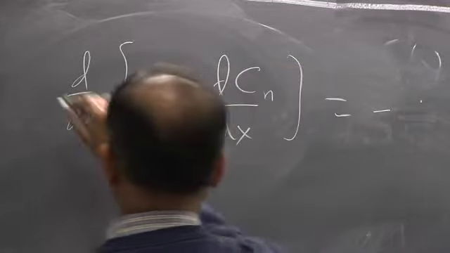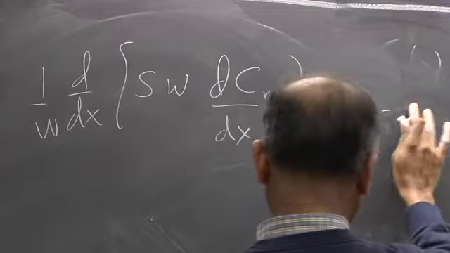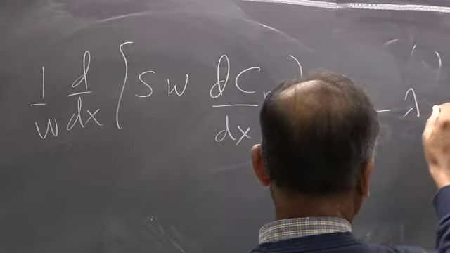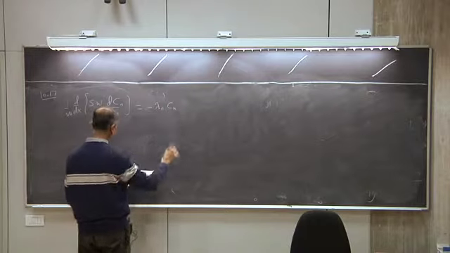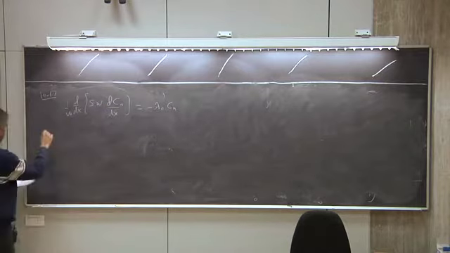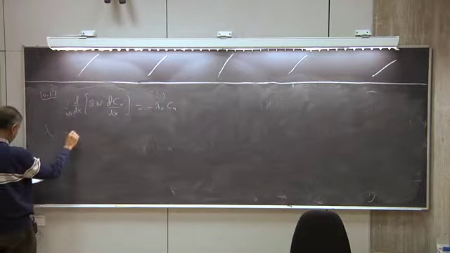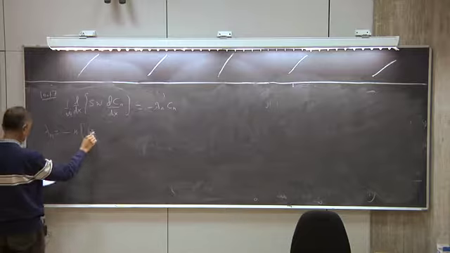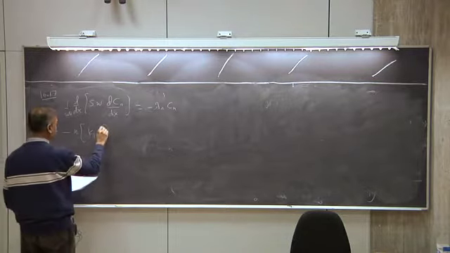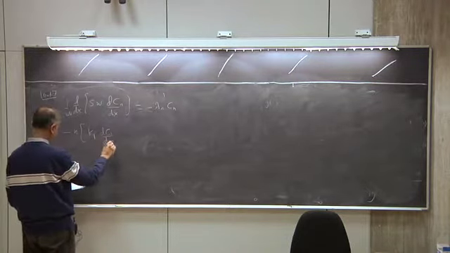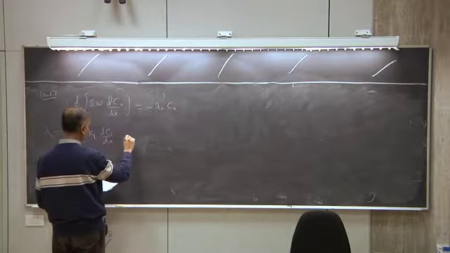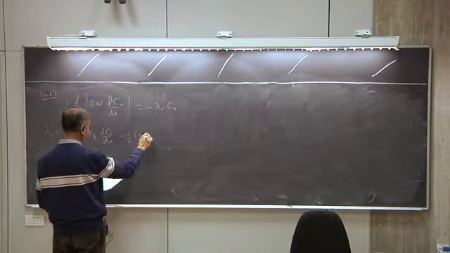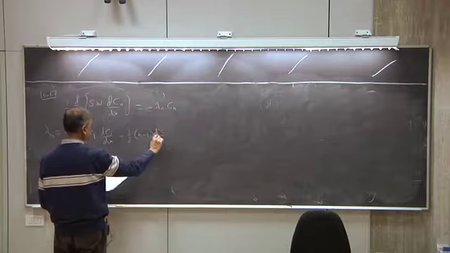So let me divide by w here, minus lambda n Cn, right? Where lambda n was defined as minus n times k1 dC1 by dx plus half n minus 1 d2s by dx2.